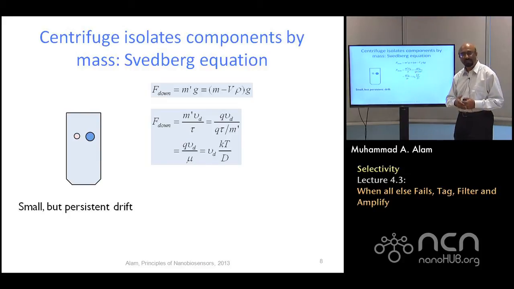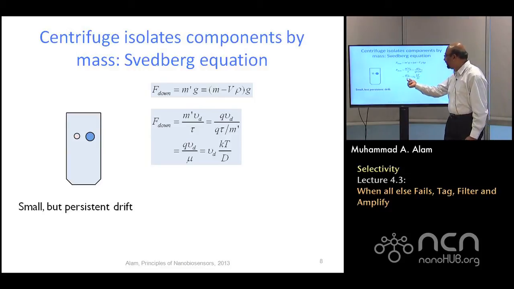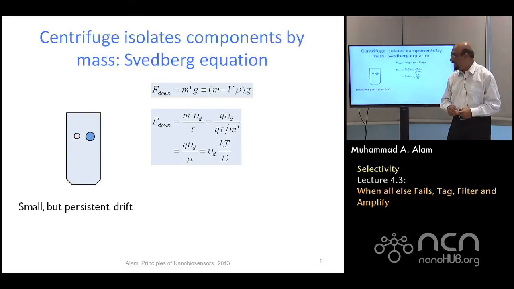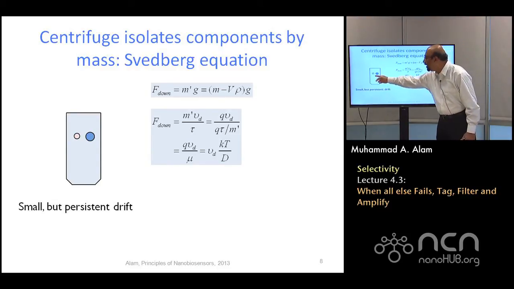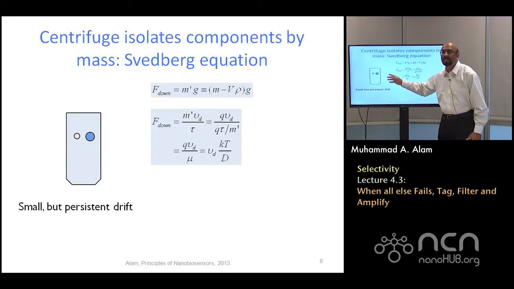If you don't know this definition, for the time being just go with it, saying that this is by definition the mobility. And then once you know the mobility, you can write D over mu, by Einstein's relationship, as kT over q. You substitute it in here, and you get a relationship between the downward force and the diffusion coefficient of the molecule within a given fluid.